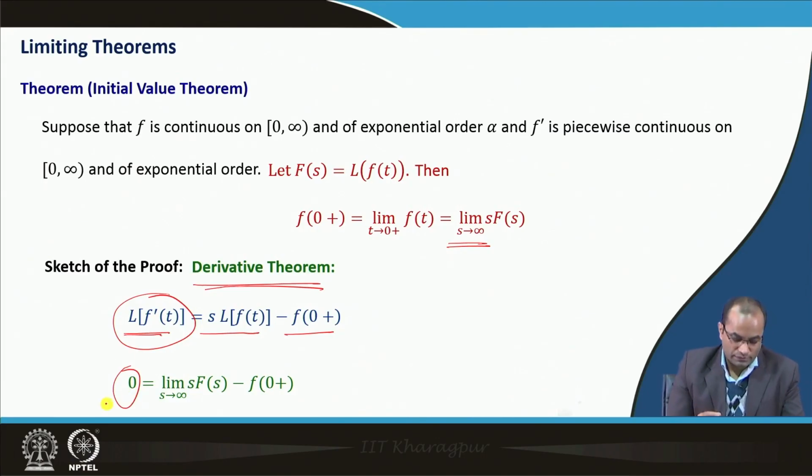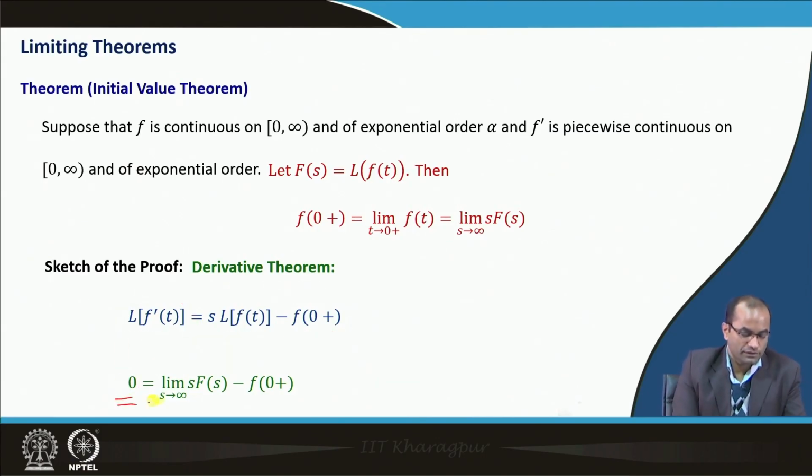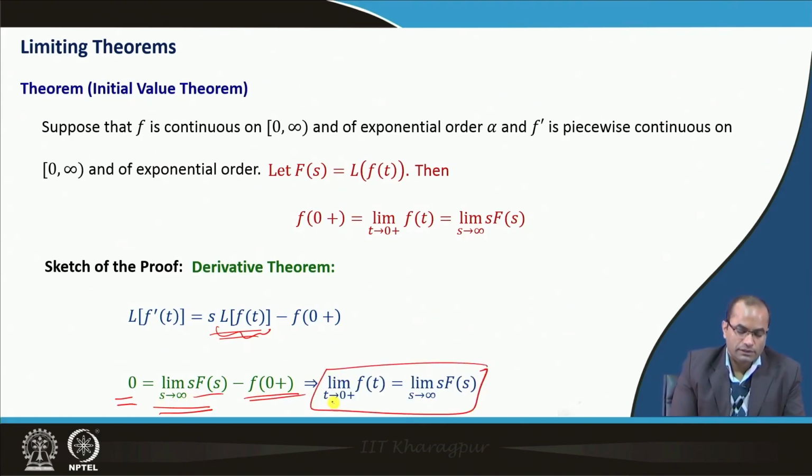That result we have used, that this is 0, and then we have the limit of s F(s) as s goes to infinity minus f(0 plus). And this is the desired result, that the limit as t goes to 0 plus of f(t) is equal to the limit as s goes to infinity of s F(s).